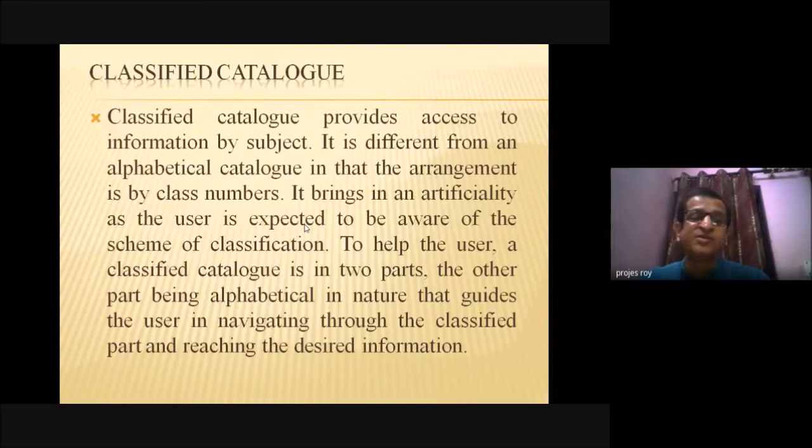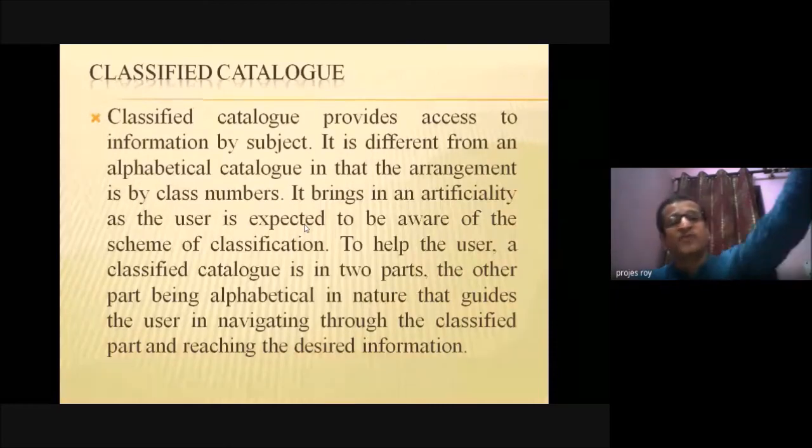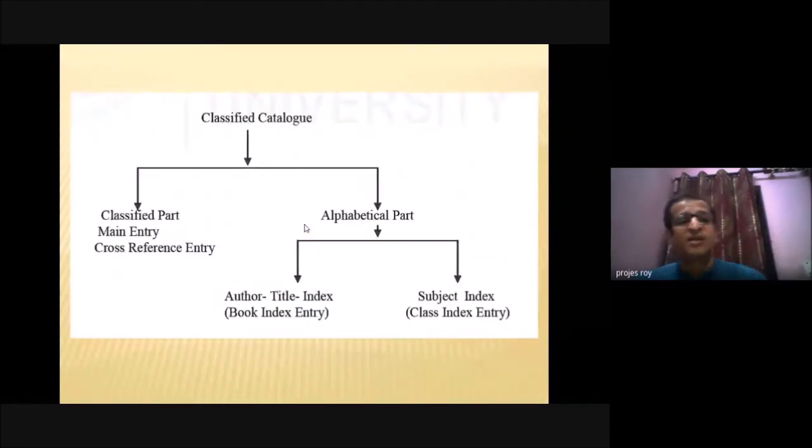Here, the same thing happened with the catalog also. To help the user, a classified catalog is in two parts. The other part is alphabetical in nature, guiding and navigating through the classified part, and reaching the desired information. Here you can see that there are two parts in a classified catalog: the classified part, the main entry, and the alphabetical part, the author, title, and subject indexes.